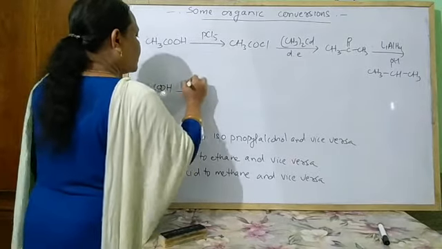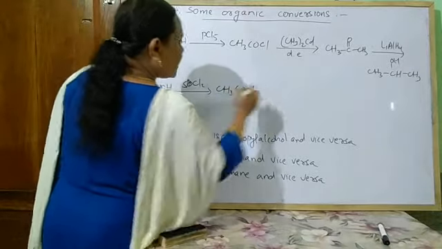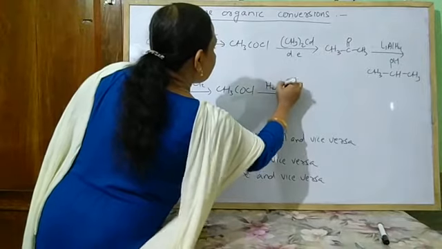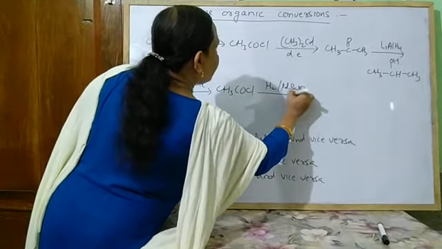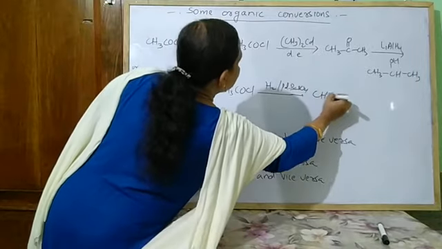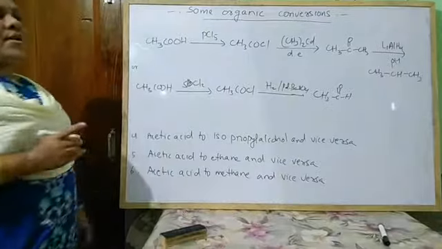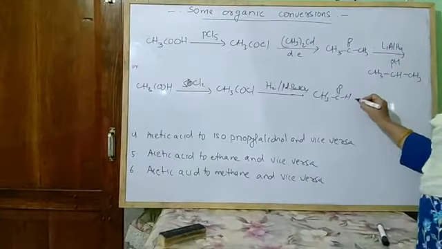Suppose I write here SOCl2. Again it gives acid chloride. Suppose I reduce it with hydrogen in presence of palladium barium sulfate. It gives acetaldehyde. And you know Grignard's reagent. So here I am using Grignard's reagent.